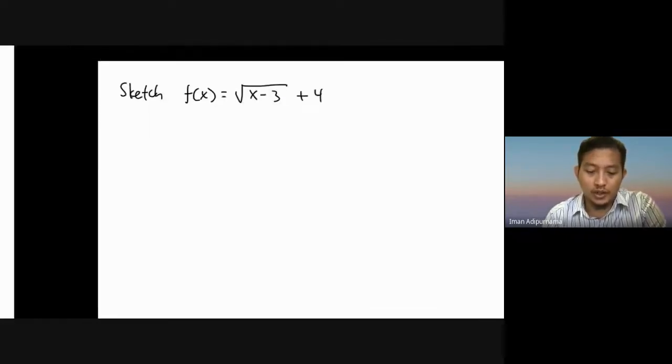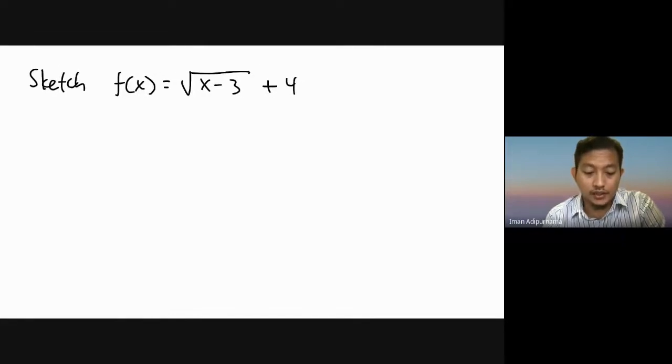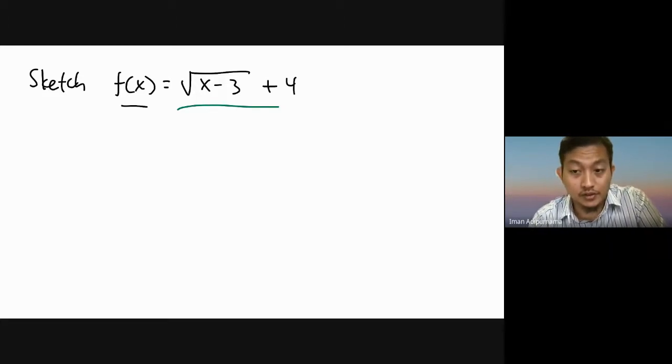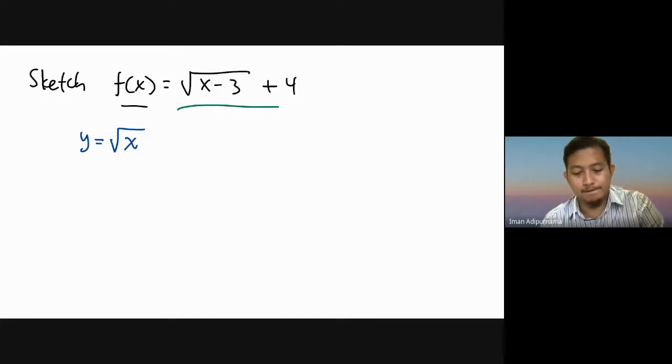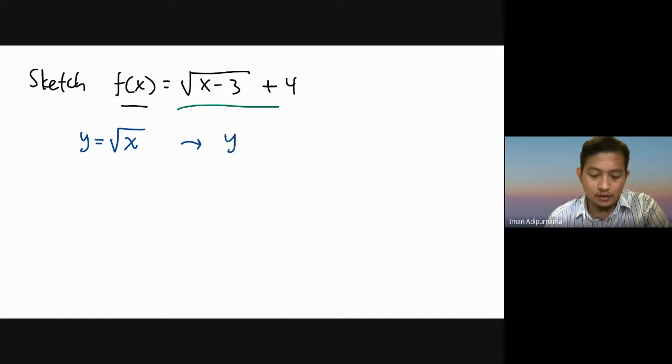Now, how can we sketch the functions based on the transformation of functions, vertical shift and horizontal shift? So we have square root of x minus 3 plus 4. So we can start from here.